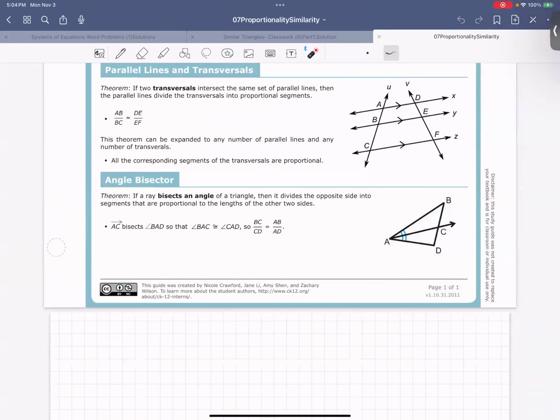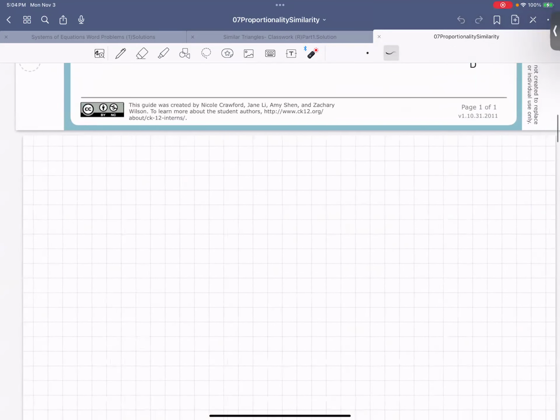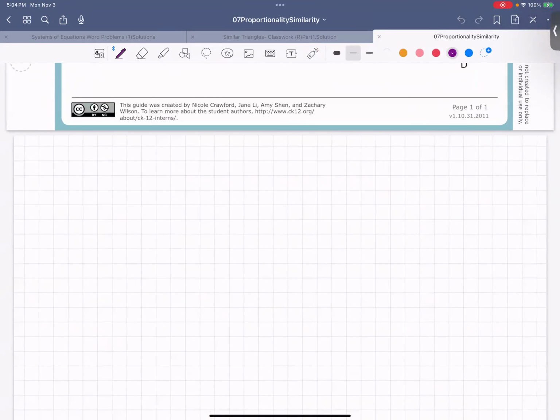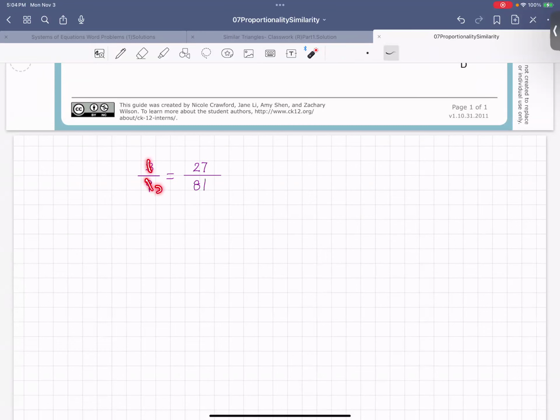So here, if you do 3 divided by 9, you can say this is 27 over 81. You know this is 1, this is 3.